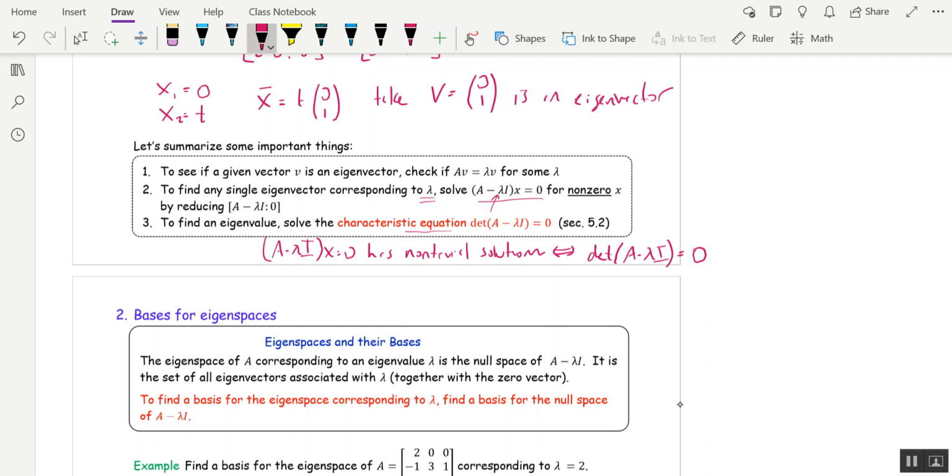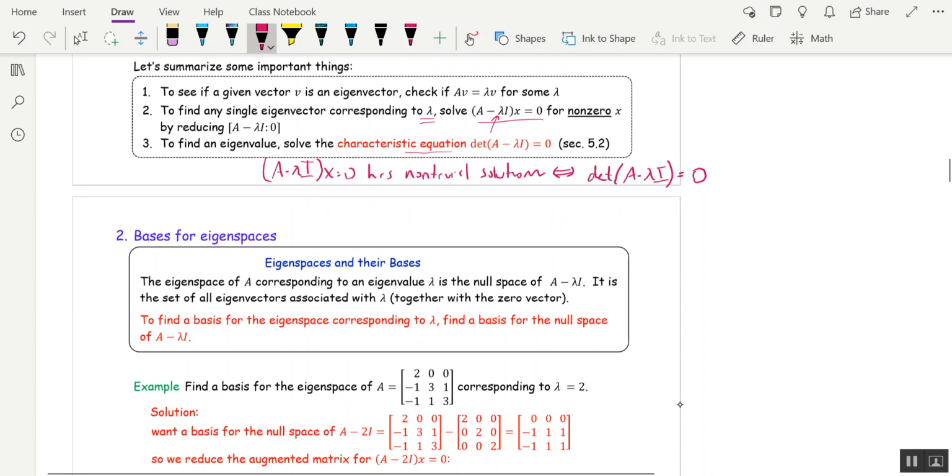All right, let's talk about bases for eigenspaces. What is an eigenspace? If you have a matrix A, and A has corresponding eigenvalue lambda, the eigenspace for lambda is the set of all x such that Ax equals lambda x. That's the set of all x such that A minus lambda I times x equals 0.